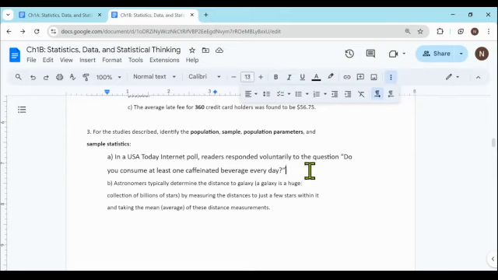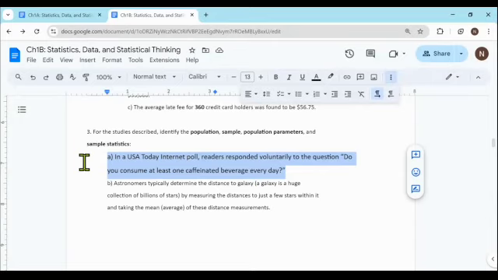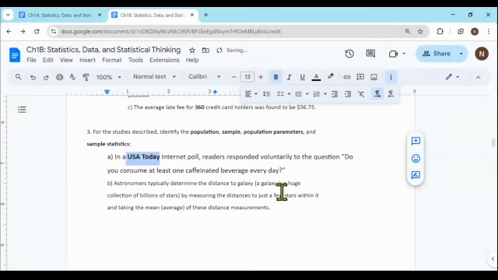Okay. What do you think the population will be? The population is all readers, all readers of USA Today, because this is like a newspaper, right? And the sample is the people who volunteer, the readers that volunteered to answer the question. Right. Good. And the last two is the one that I need help with.